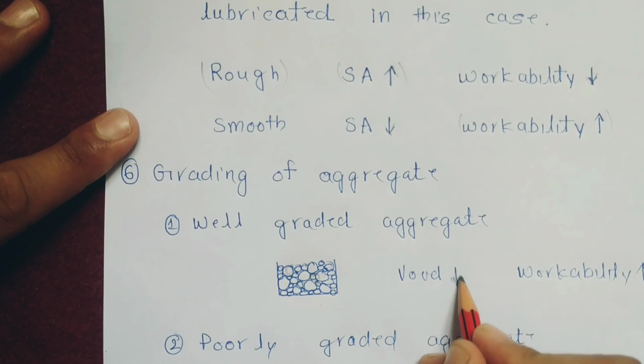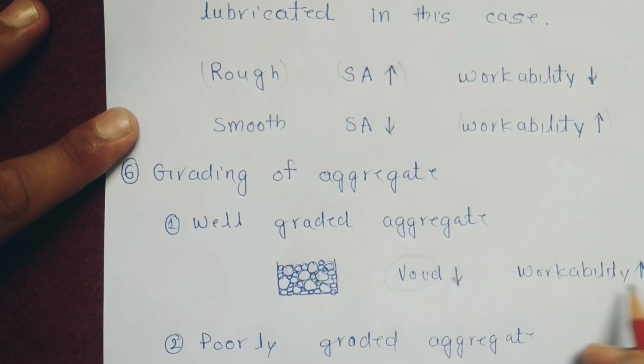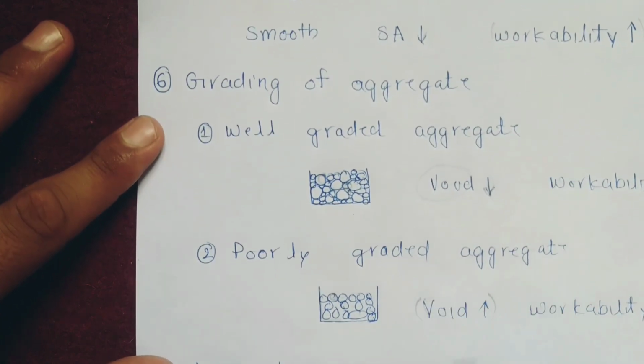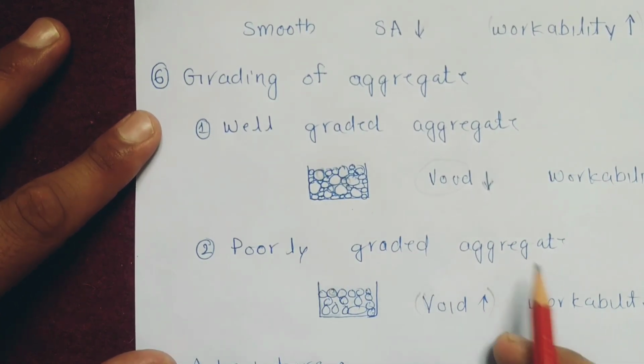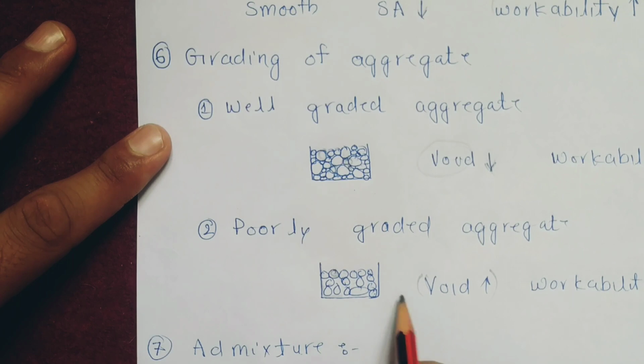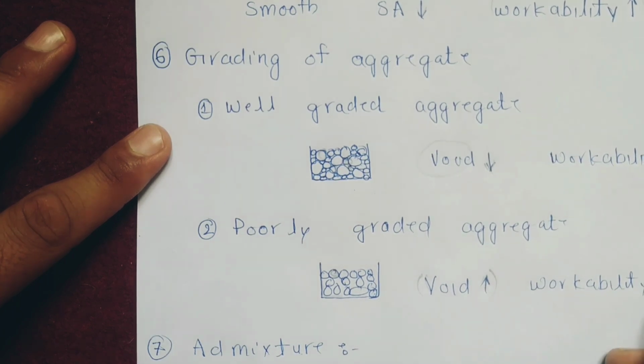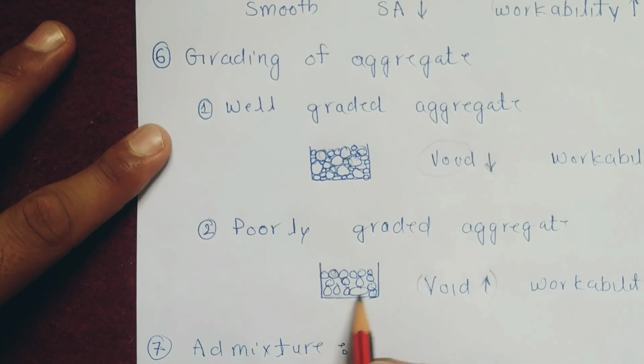Whenever the void is less, the workability will increase. When there is poorly graded aggregate, our void is increasing. Whenever the void is increasing, the workability will decrease because we need more water cement paste to fill the void.